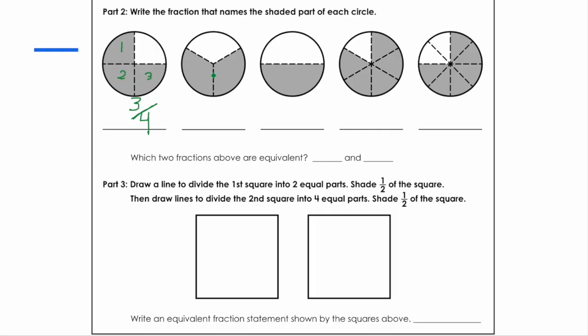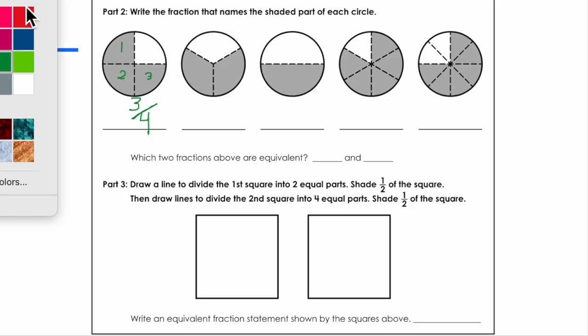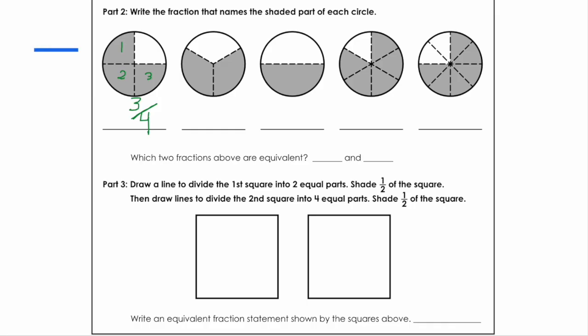All right, let's look at our next shape. First, we need to know our total number. So watch, I'm going to do this in a different color for fun here. All right, so we have 1, 2, 3 total pieces. That is our denominator, 3.